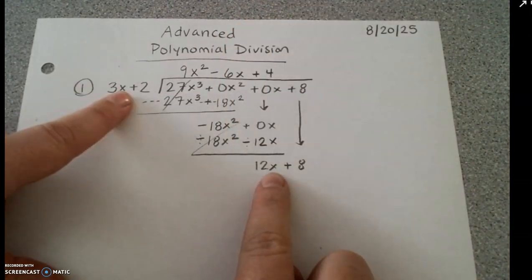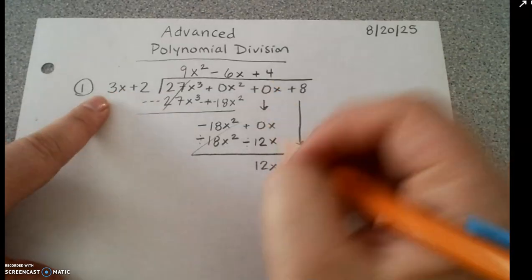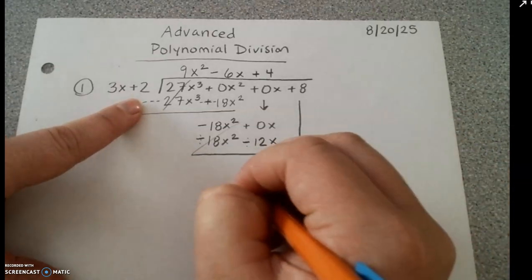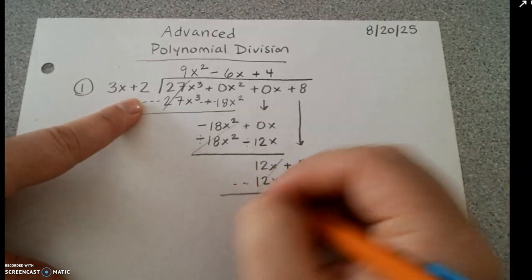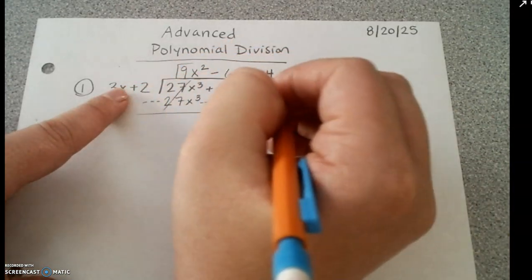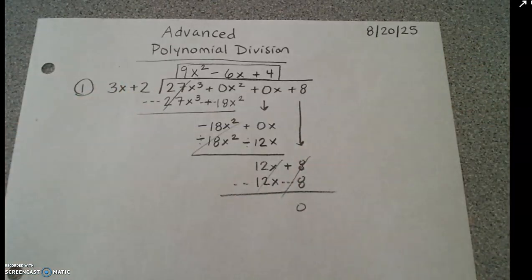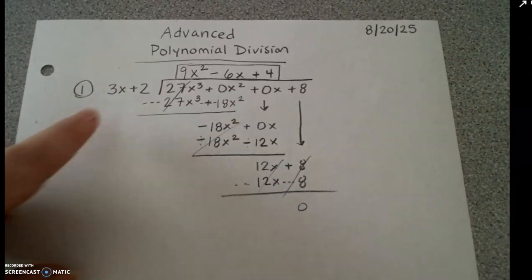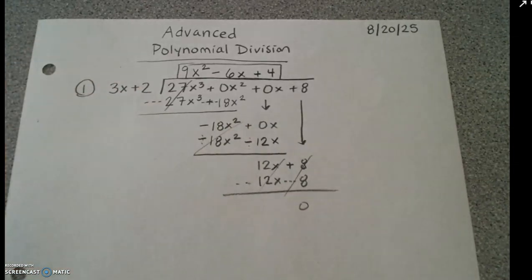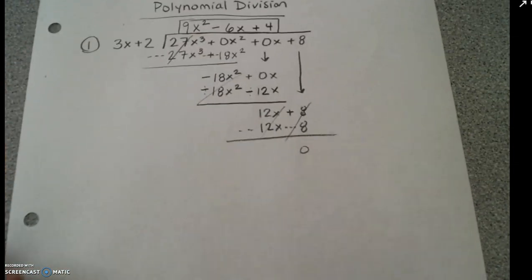That one has an x, and that one has an x, so I don't need any x's. So 4 and 3x is 12x, 4 and 2 is 8. When I go to subtract, I'm left with nothing, because everything matches. So again, not necessarily advanced in honors level, but I just wanted to remind you what happens when this first term or second term isn't exactly what we've been seeing so far.